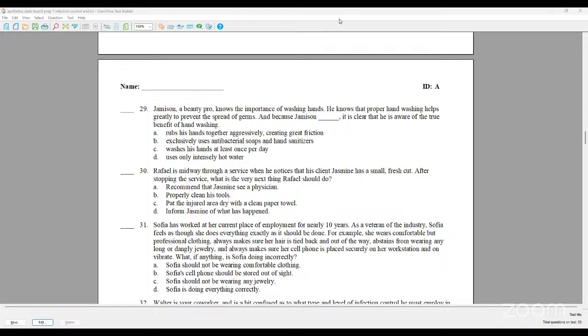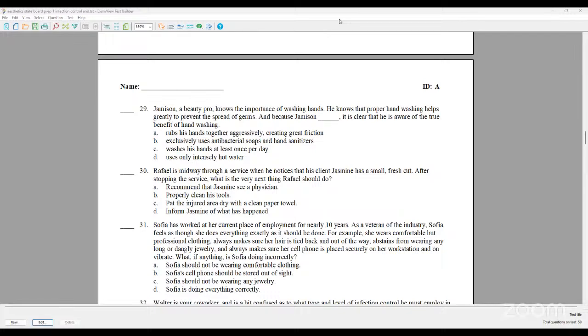Who had 29 and what do you say? I had 29. Amber. I'm gonna go with B. I know C and D are eliminated, so it's either A or B. Okay, let's go back and look at it. Jameson, a beauty pro, knows the importance of washing hands. He knows that proper hand washing helps greatly to prevent the spread of germs. Let's plug it in.